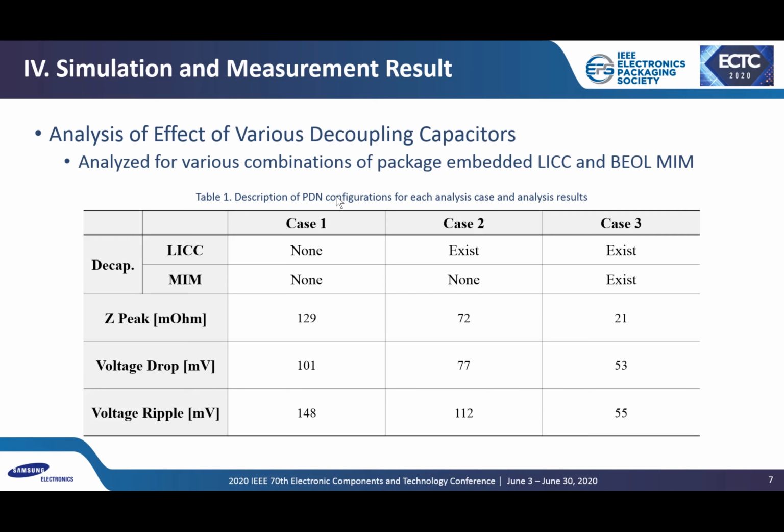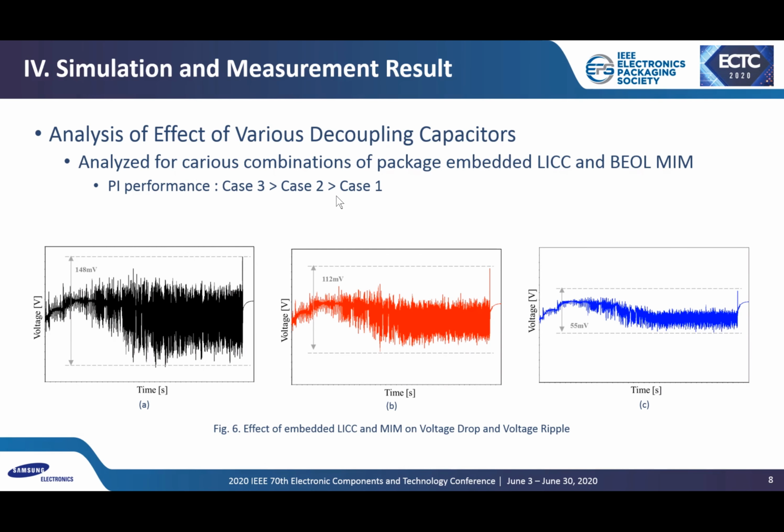Table 1 summarizes the application of decoupling capacitors to improve the PI characteristic of each case. It shows that having LICC and MIM both can improve PI performance most. As a result of the time domain simulation, the voltage drop and voltage ripple for each case when the operation scenario is applied are shown in Figure 6.